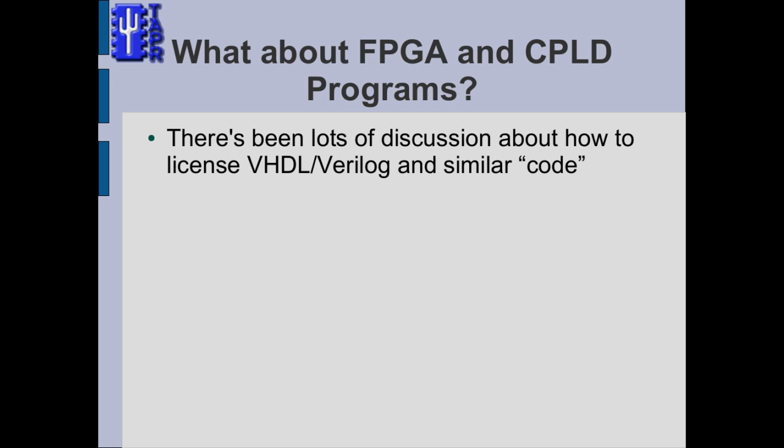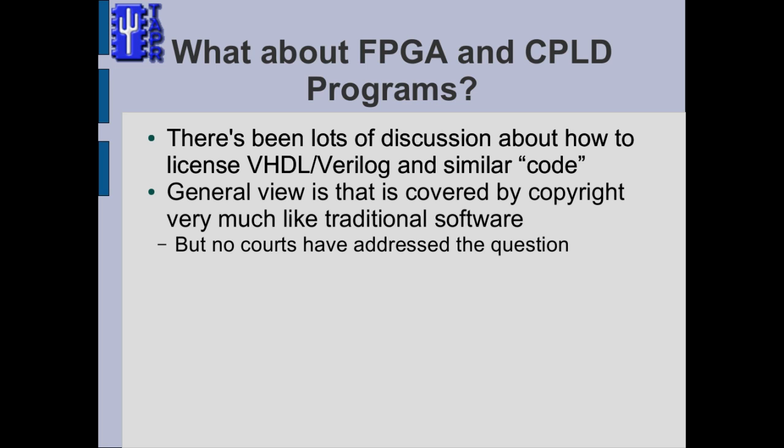Lots and lots of discussion and controversy about it, but I think most of the legal people that have been involved in the conversation have the view, and I have this view, that code running on a chip in almost all cases is covered by copyright because you have to copy the code to get it into the chip. And that's very much the way traditional software works, at least from a copyright perspective.